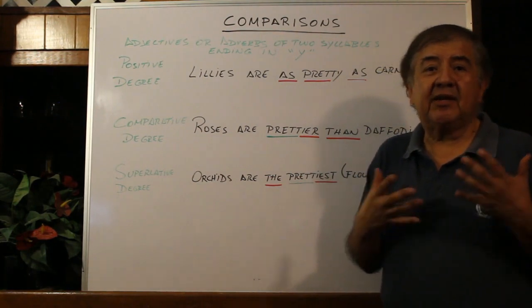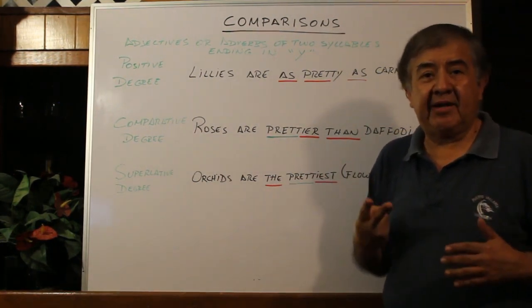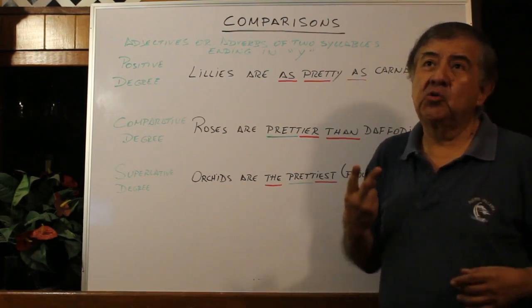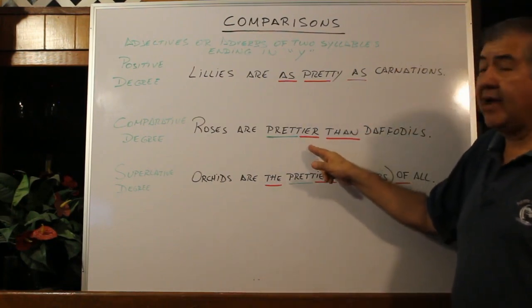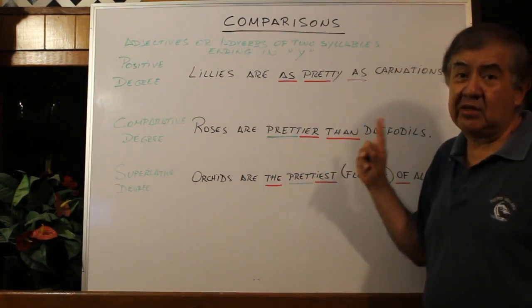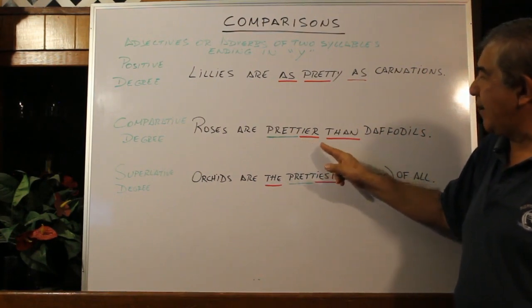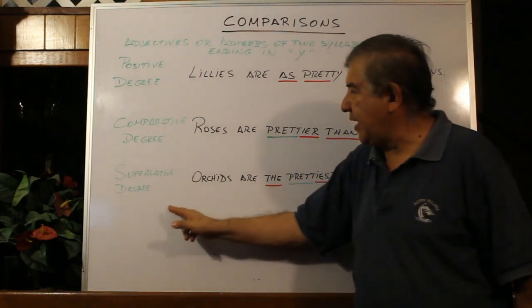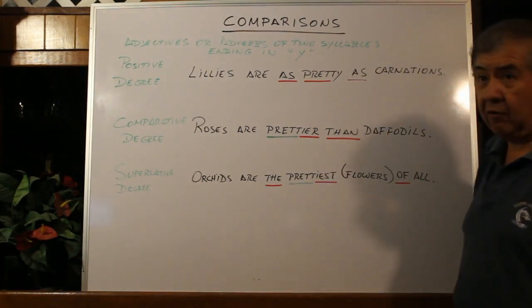So the adjective pretty has 2 syllables, but in this adjective we have the Y. So for adjectives of 2 syllables ending in Y, we apply the rule as if it were of 1 syllable. We change the Y to I and add ER. Prettier than. And the superlative degree, orchids are the prettiest flowers, in this case, of all.